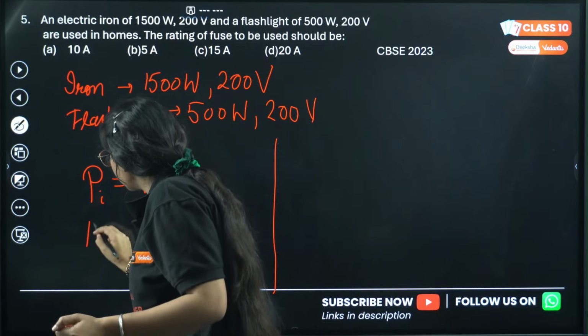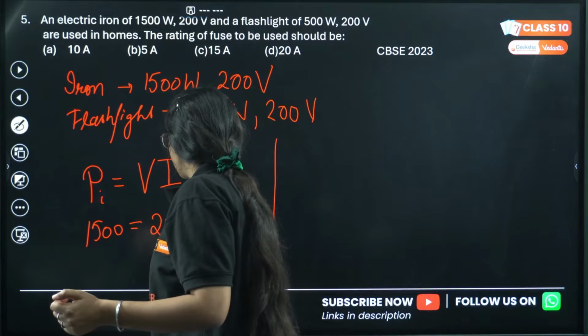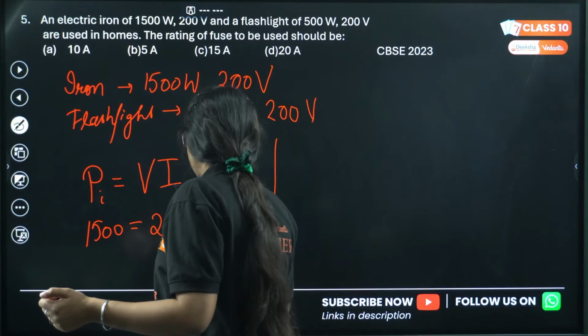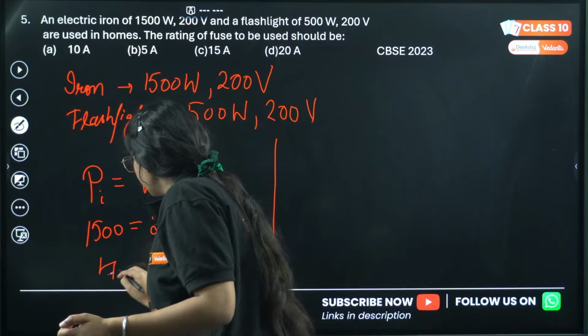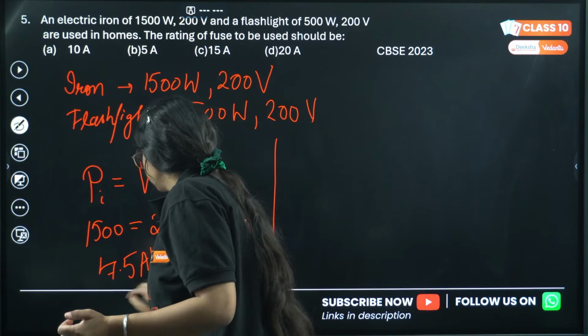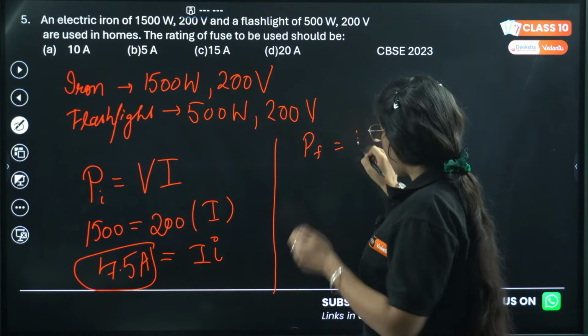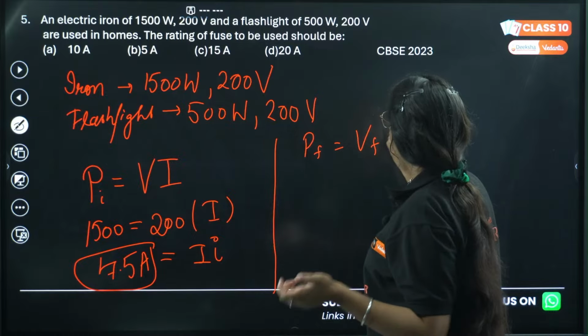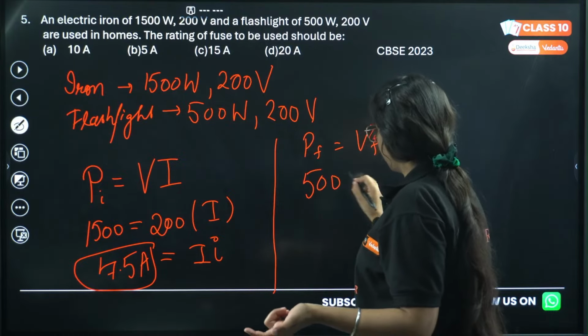The power of iron is 1500 and voltage is 200 volt into I. So I, current of iron will be 7.5 ampere. Correct? And then when I'm doing for flashlight, again the voltage for flashlight into I. So this will be 500.